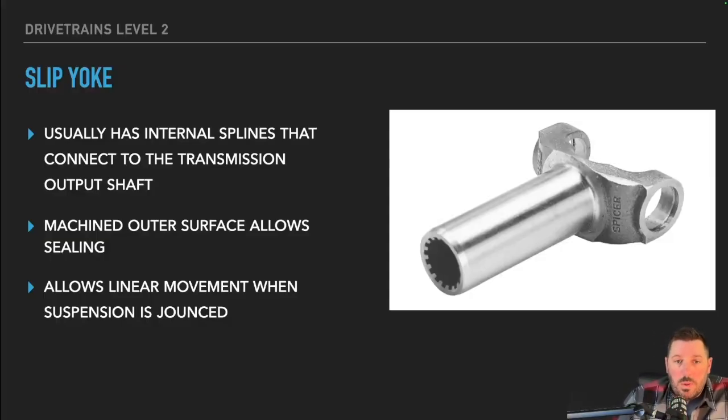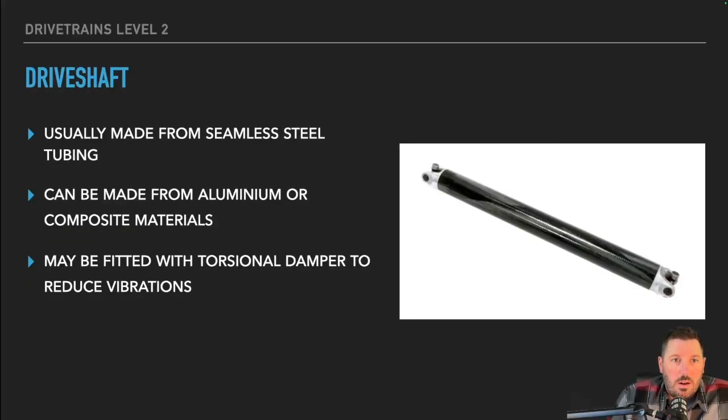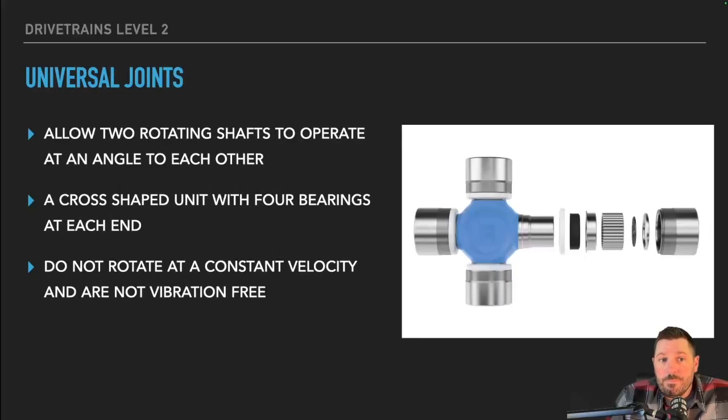And then we're going to have a spline side or some way to take that torque and then move this drive shaft. This allows that linear movement when the suspension moves. It allows it to go back and forth and have that suspension, not change any angles. Universal joints, fairly straightforward.